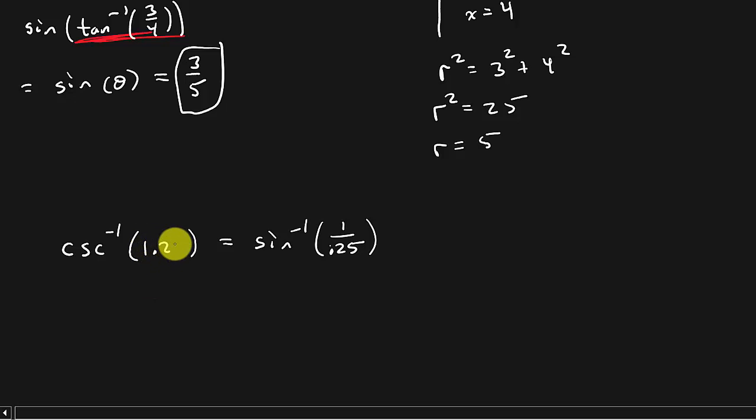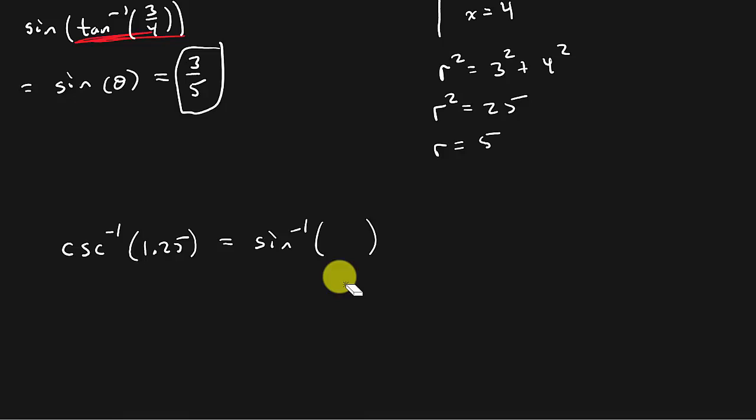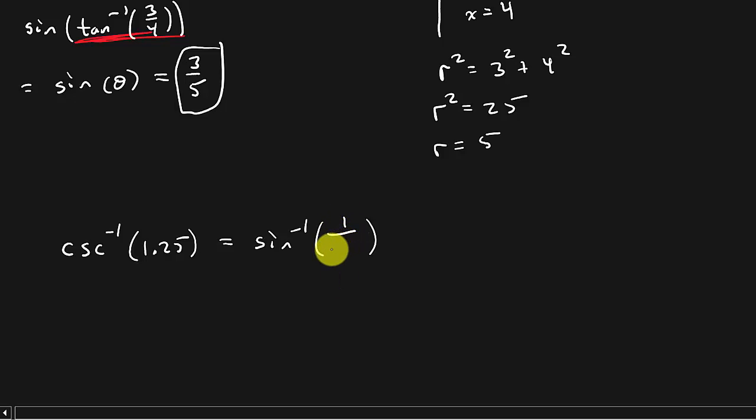That can't happen. You can't take the inverse cosecant of a number between -1 and 1. So this would be 1 over 1.25. So then you would just punch it in your calculator and get the answer.